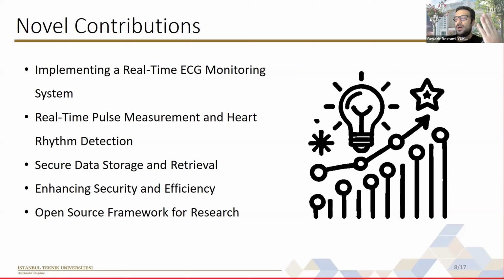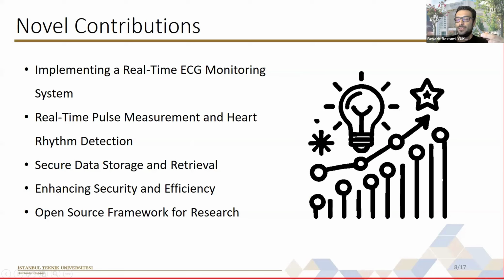Here is how our system stands out. Unlike the traditional systems with delays, our solution provides immediate pulse and heart rhythm analysis, and those are critical for intensive care unit monitoring. We use FHE, fully homomorphic encryption, to ensure the sensitive data remains encrypted during analysis, paired with AES encryption for secure storage in a MySQL database.